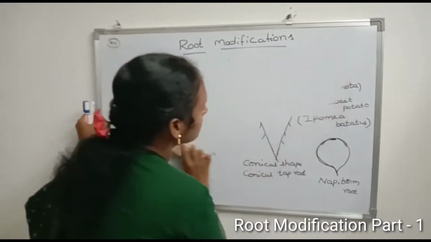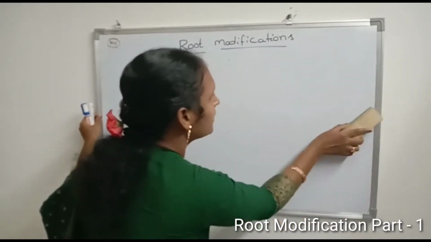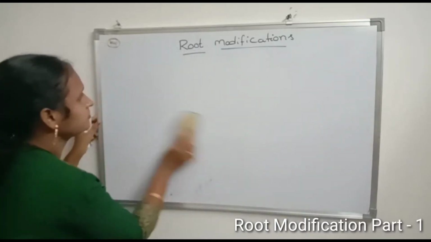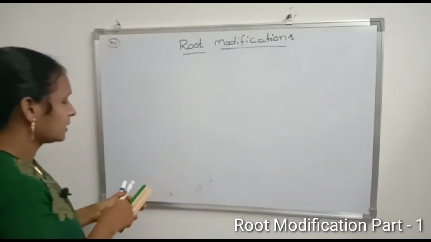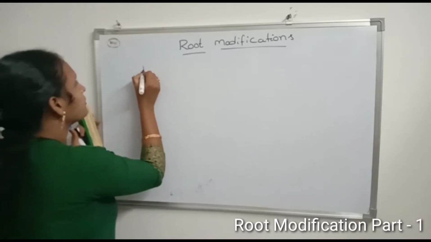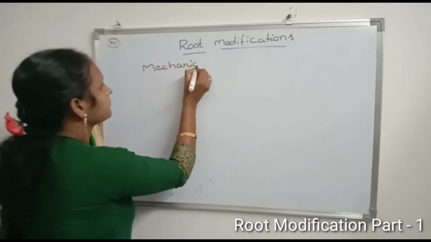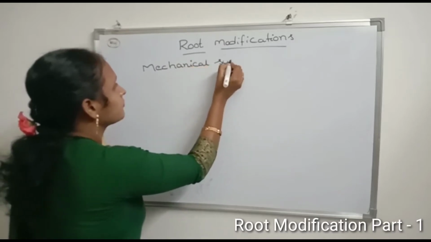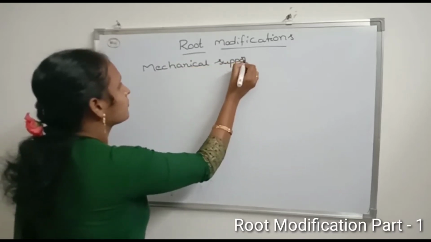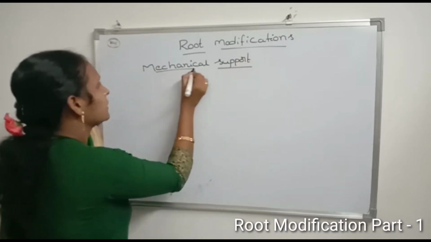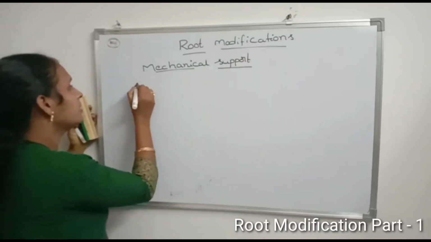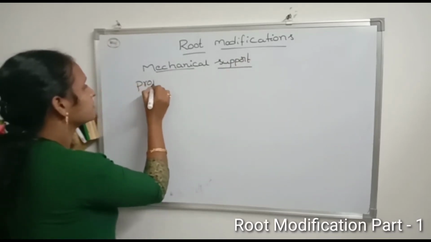Next, we will go to mechanical support to the plant. In this, the first one is prop roots.